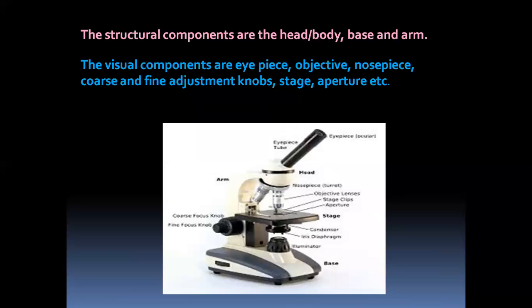The structural components are the head, body, base, and arm. The visual components are eyepiece, objective, nose piece, coarse and fine adjustment knobs, stage, aperture, etc. You can see in your textbook these parts and go through it.